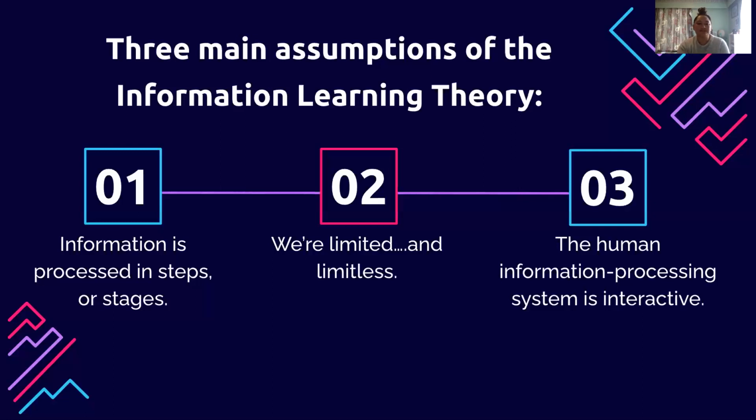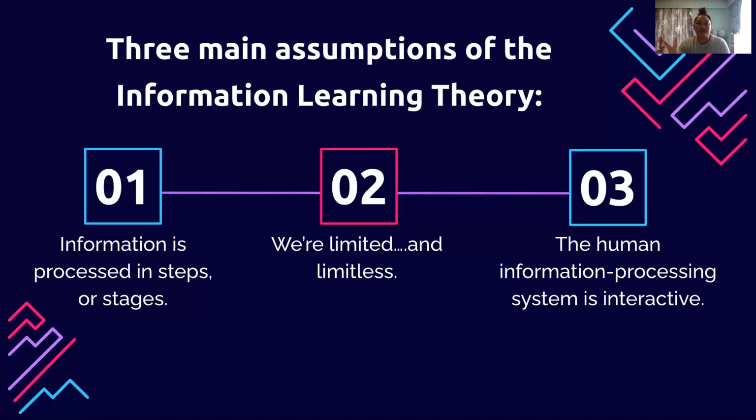The second assumption we've written is we're limited, but we're also limitless. The textbook talks about how there are limits on how much information we can process within each stage or step, as we talked about. It means that we just need to be learning quite gradually and over time.